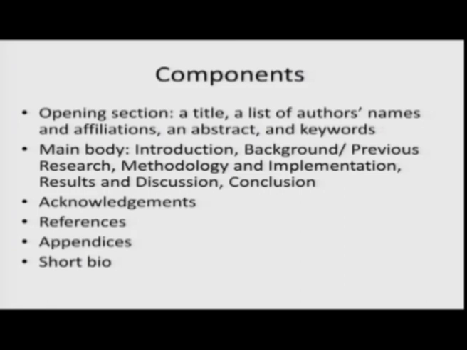The main body has introduction, background research, background information, previous research, then methodology and implementation, results and discussion, conclusion. Then you have acknowledgements, references, appendices and a short bio of the author or the authors.